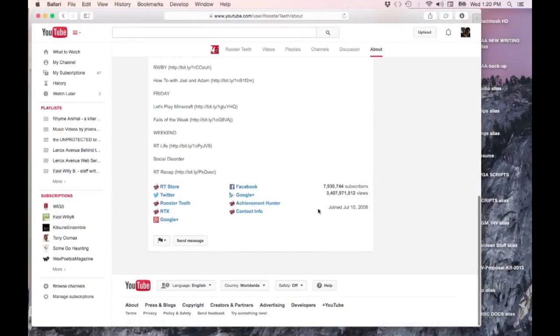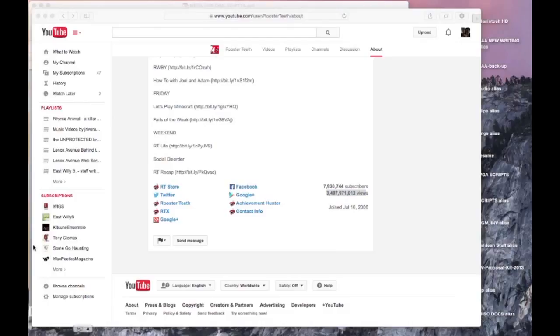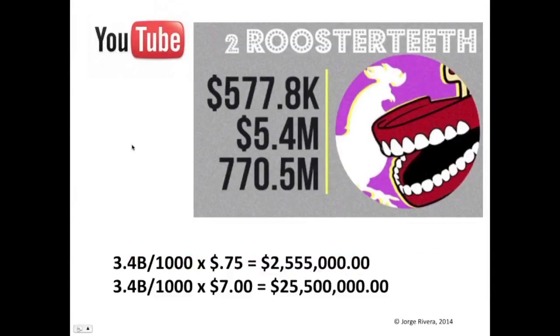But at the very bottom, you'll see a very interesting set of numbers. And this right here is the total number of views that they have amassed since launching their channel in 2006. So at this point, they're at 3.4 billion views. That's billion with a B, views, right? So that's a very interesting number. So let's go back to our math.